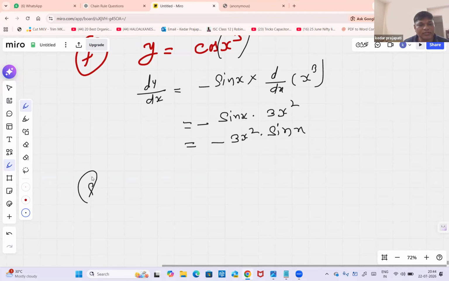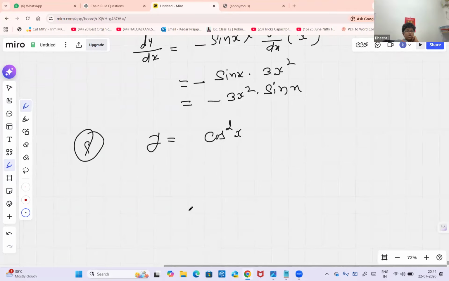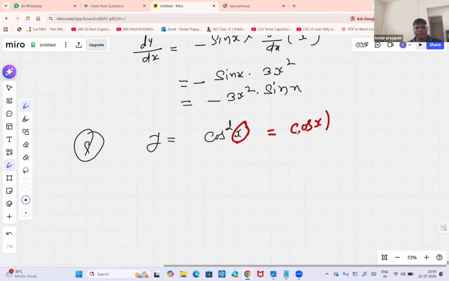Eighth, y equal to cos square x. Can you help me in doing this? So this is theta, and theta is simple x. Now this can be written as cos x with power 2. If you want to get dy by dx of this, what do we have to do?